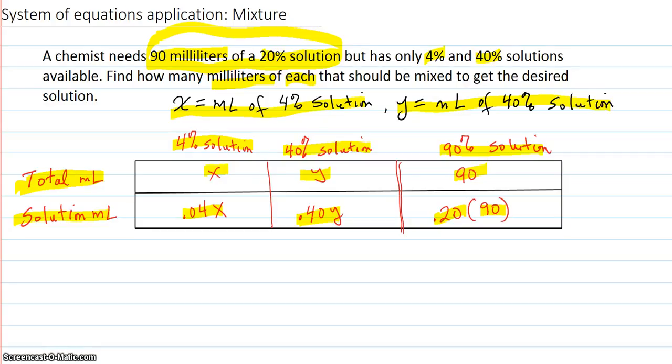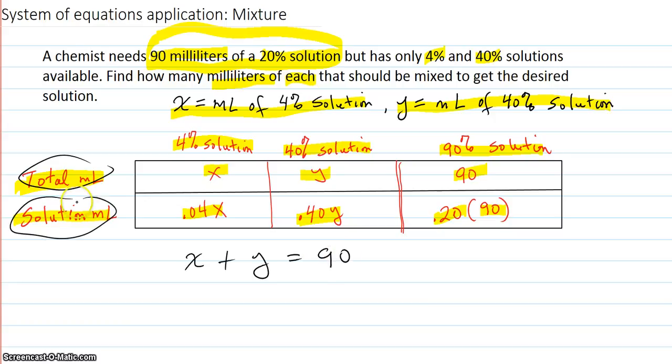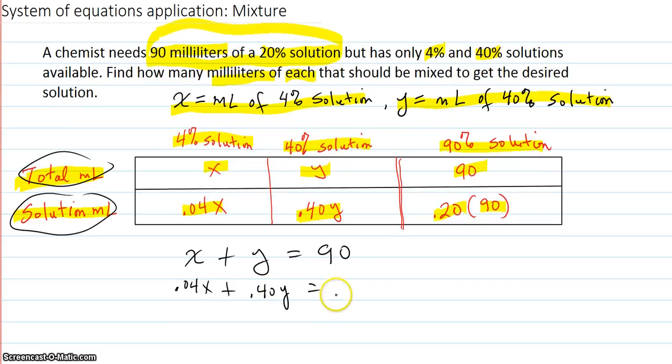Okay, one equation involves the total. X milliliters plus Y milliliters has to end up to the grand total 90. Then you need your solution equation. 0.04x plus 0.40y totals up to the 20% of the 90, like that.